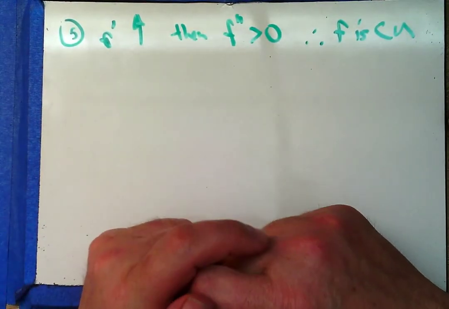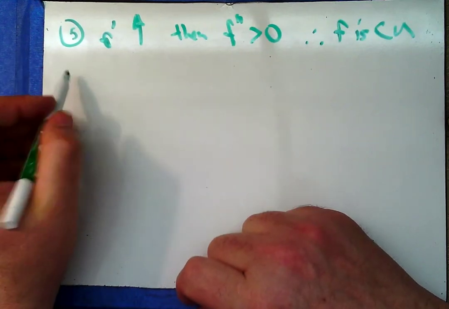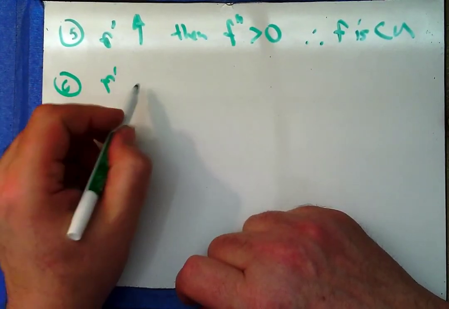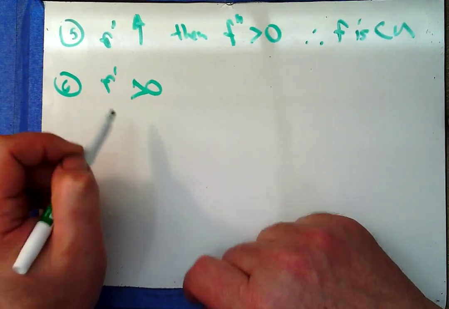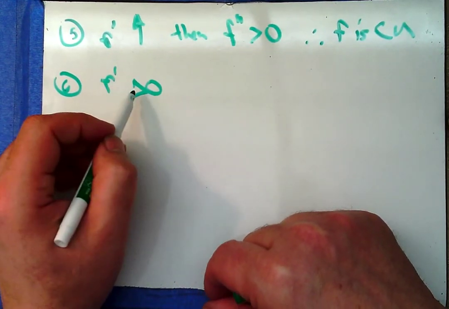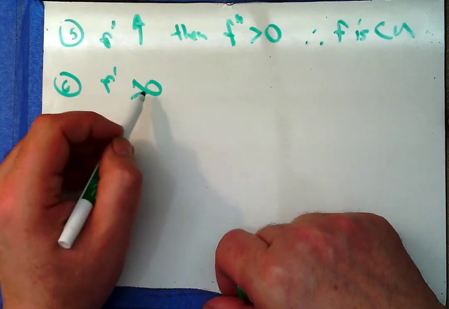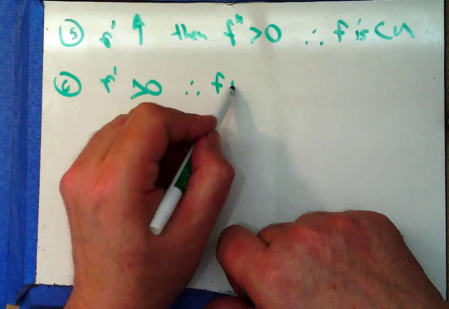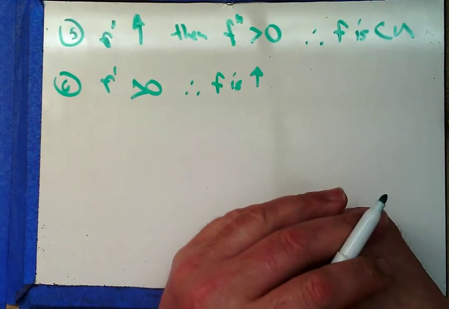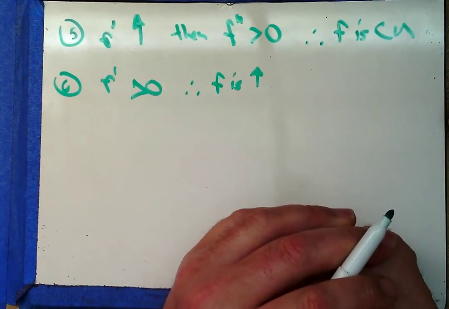Number 6: when f prime is greater than 0, what does that mean for f? Well, if f prime is positive, that means the slopes of f are positive, and therefore f is increasing. Does it mean anything for f double prime?